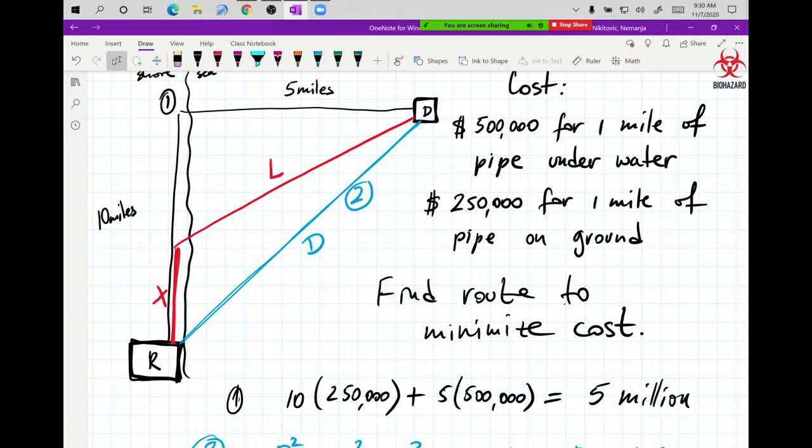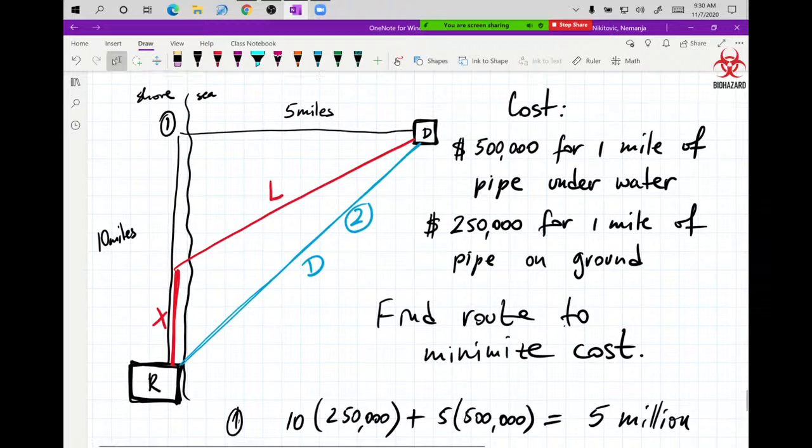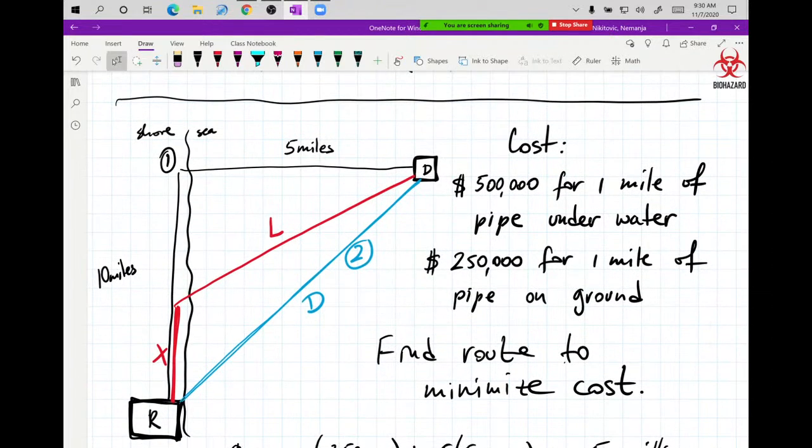But if I use a red-black triangle, which is a right triangle, I can actually make the connection between 5 miles and L, and then I just need this length here. So does anyone see what I should label this length in terms of whatever variables?